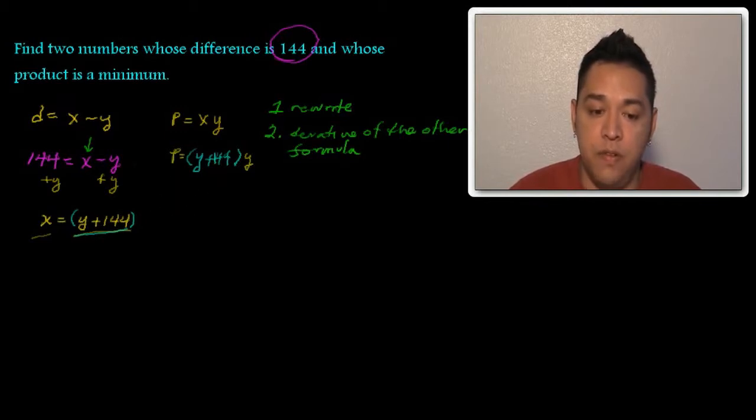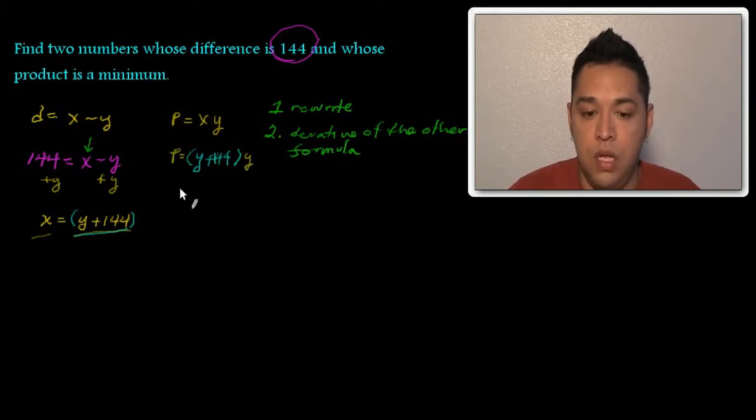Now I could take the derivative of that. If I wanted to take the derivative of this, I need to simplify it. So I'm going to distribute this y to both of these two terms, and I'm going to get y squared plus 144y, and then I'm going to take the derivative of that.